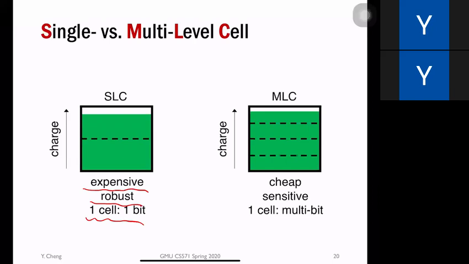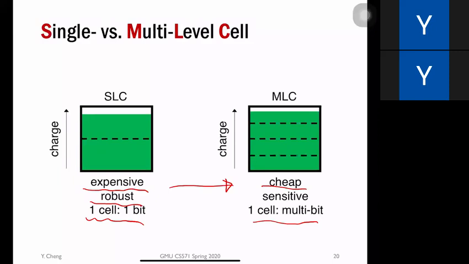In contrast, the MLC, multi-level cell technique, is relatively cheaper, right? It's cheaper because 1 single cell can be used to hold multiple bits. In this example, 2 bits or 4 different states. But it's sensitive to errors.